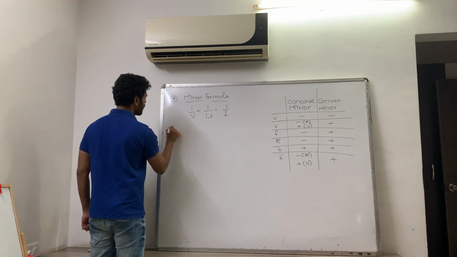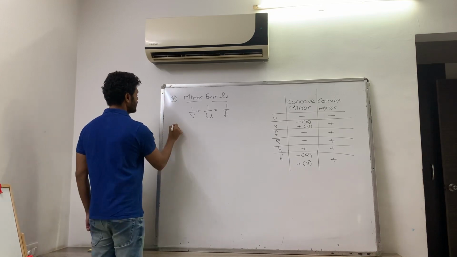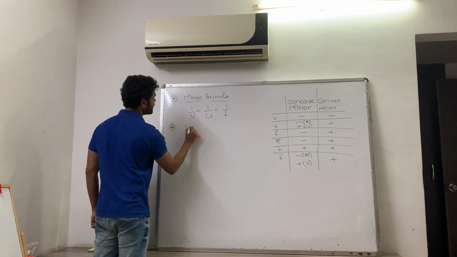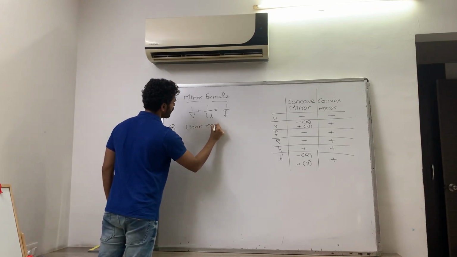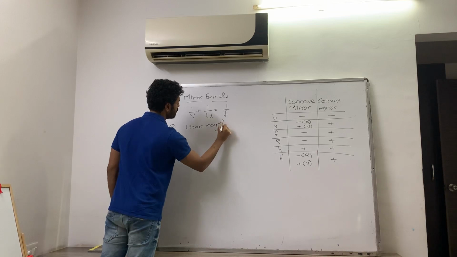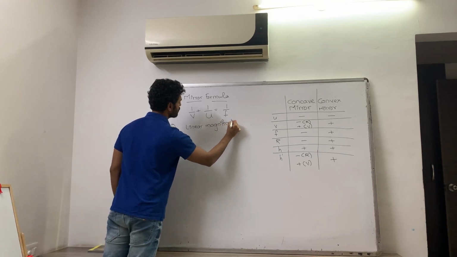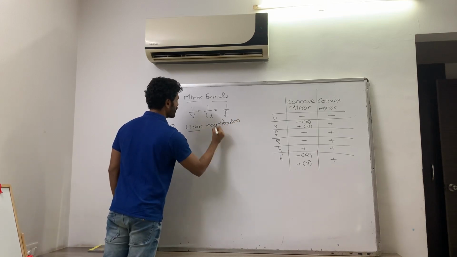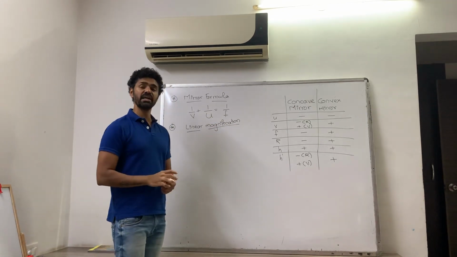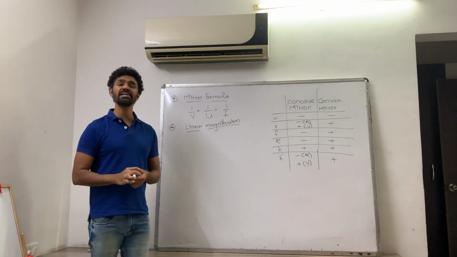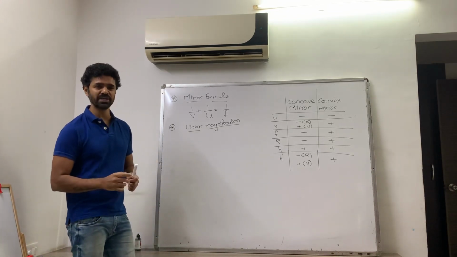The second formula is for linear magnification. Important concept. Now what is linear magnification? Linear magnification is the ratio of height of image to height of object.